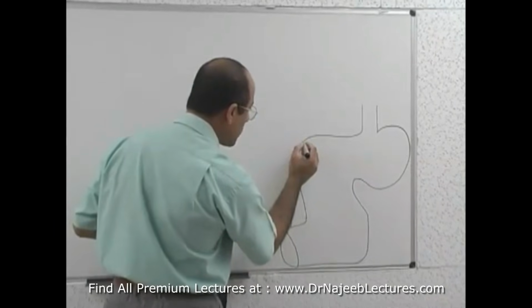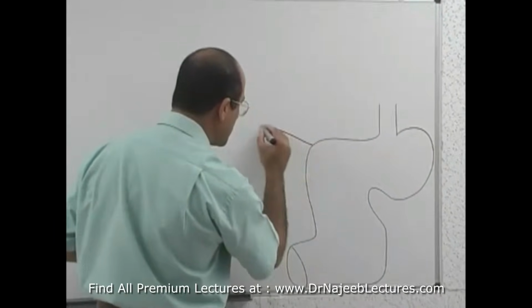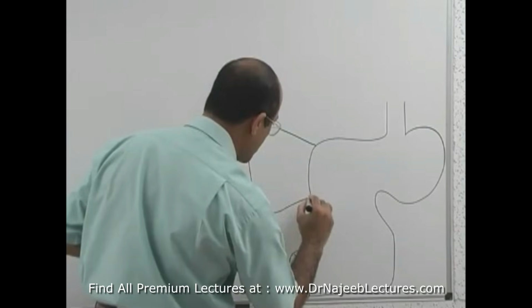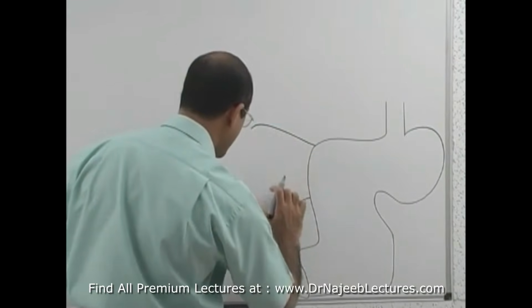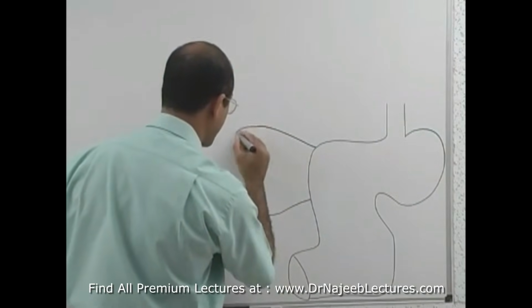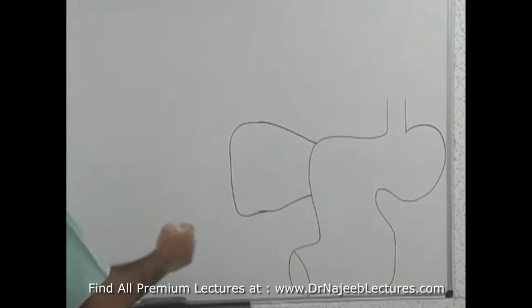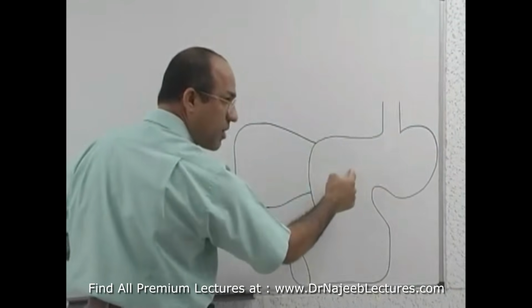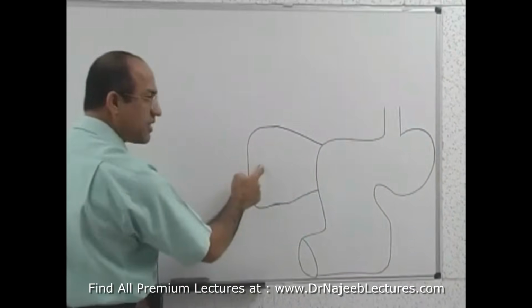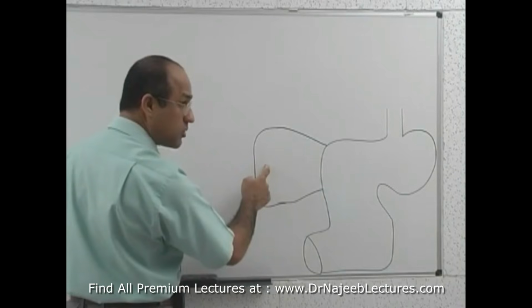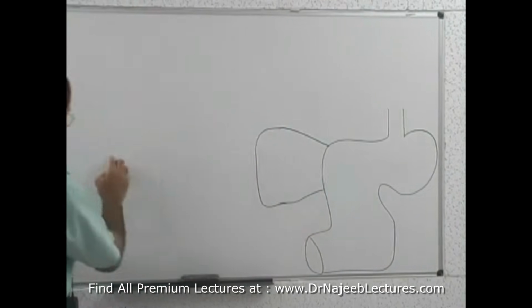So I will make one large duodenal cell, in which I will show you how the iron is absorbed. Iron will come from the GIT as a part of the food. From the duodenal cell it will be absorbed. We will go into detail of every step. Then it will come to the blood.